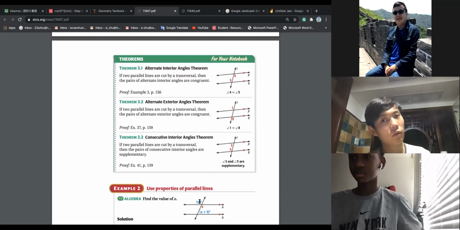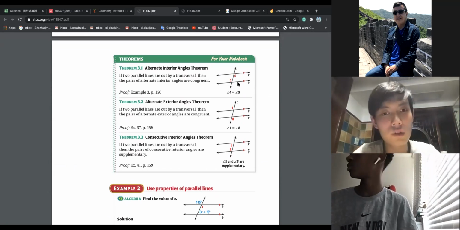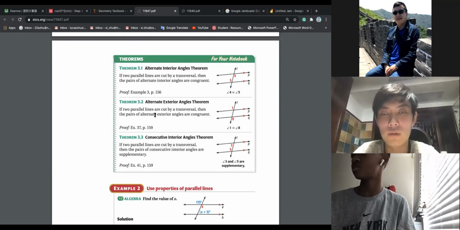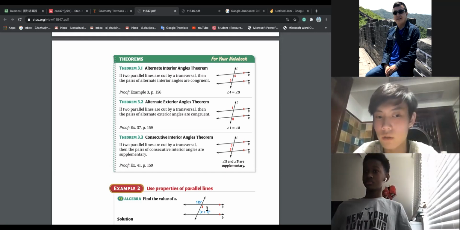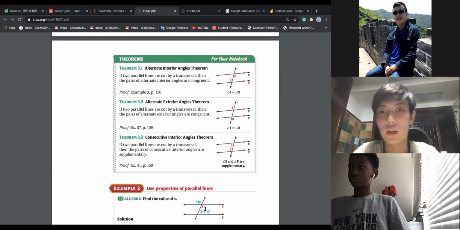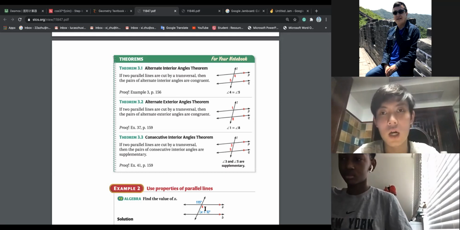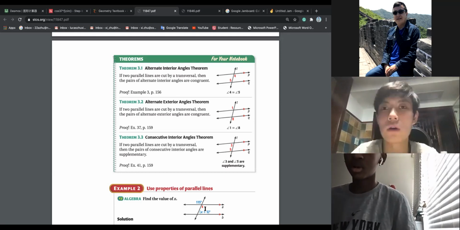They're alternate. No, it's not. We are not using any theorems from here. We are now using a postulate that we talked about before in chapters 1 and 2.